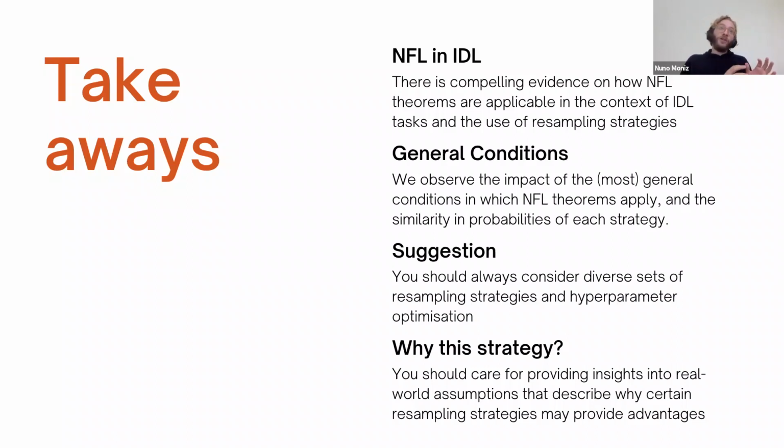That when we simulate towards these most general conditions in which the no free lunch theorems are proven, we see that the similarity of probabilities between each strategy becomes more and more connected. But overall, in terms of the practice of machine learning, this suggests that there's no way around selecting a diverse set of resampling strategies and optimizing their hyperparameters, which is very impactful in the performance of these strategies.